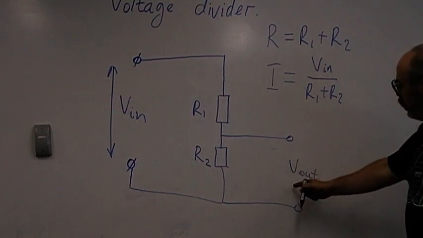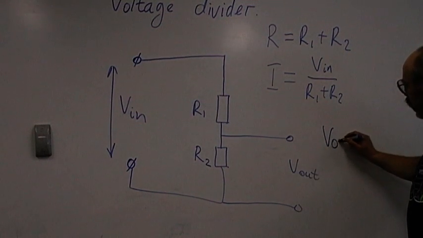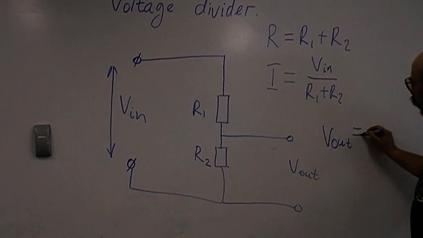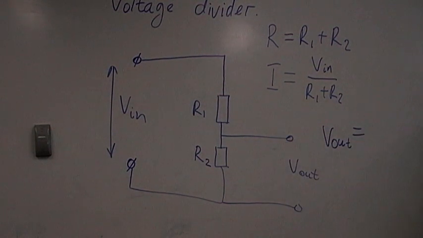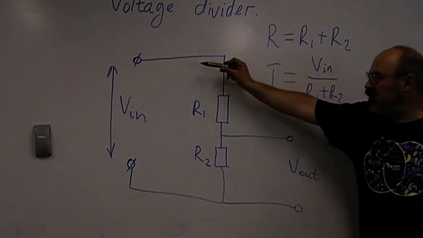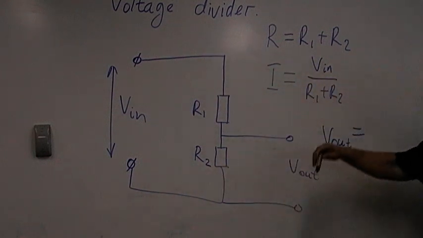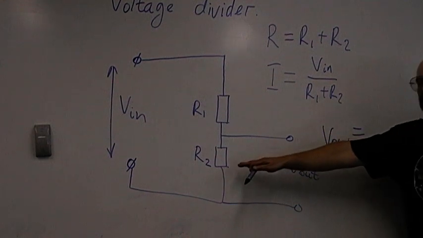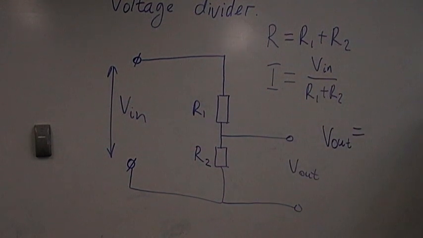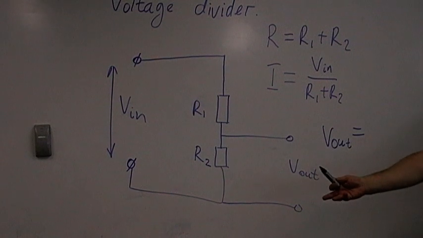And then what will be voltage out? Because voltage out is the voltage across resistor R2. How can we find it? We know the current is the same through the series connection. We have found the current and we know the resistance. How do we find voltage? Current times resistance, Ohm's law.